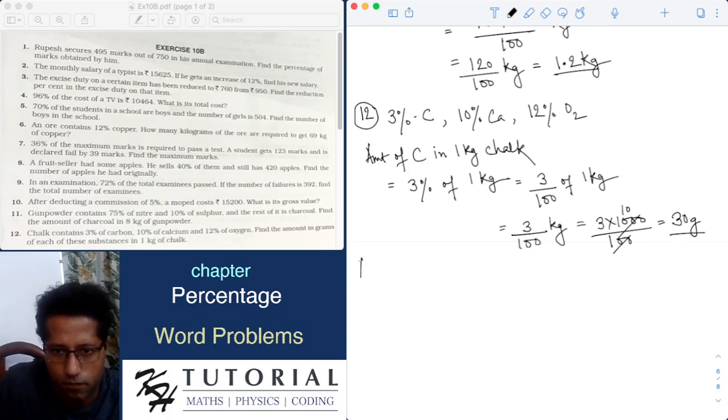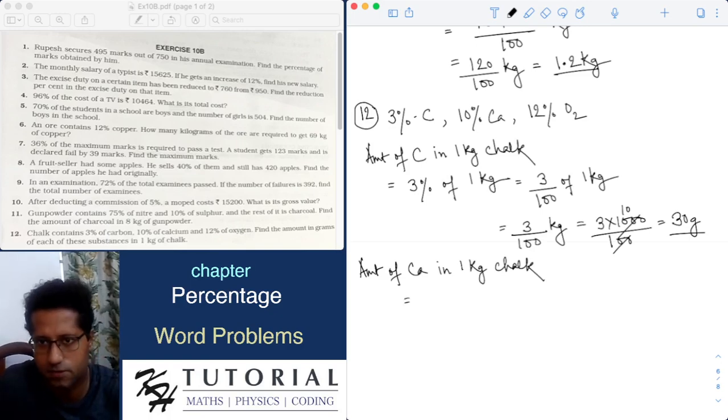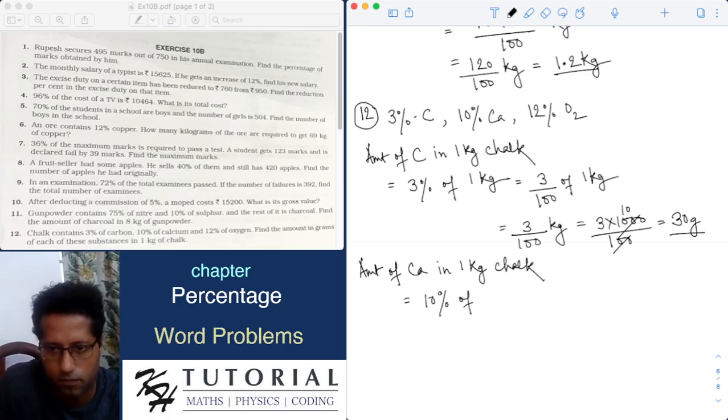So amount of calcium in 1 kg chalk will be, the percentage of calcium is 10%. So 10% of 1 kg.